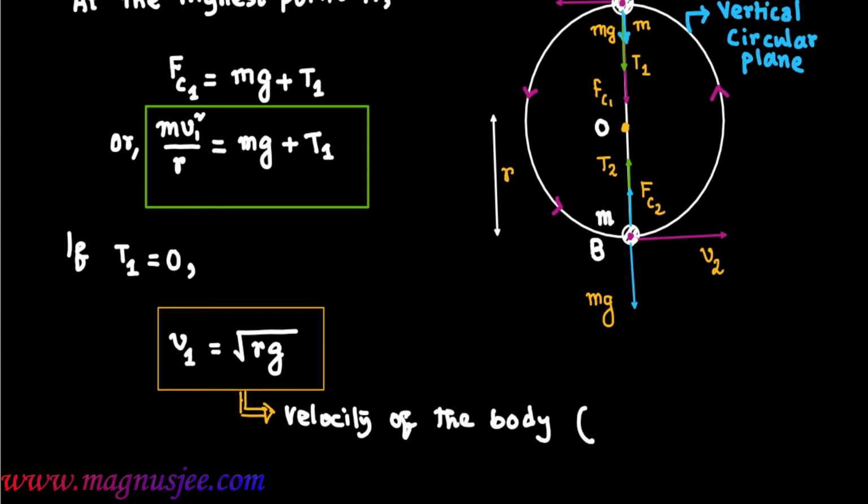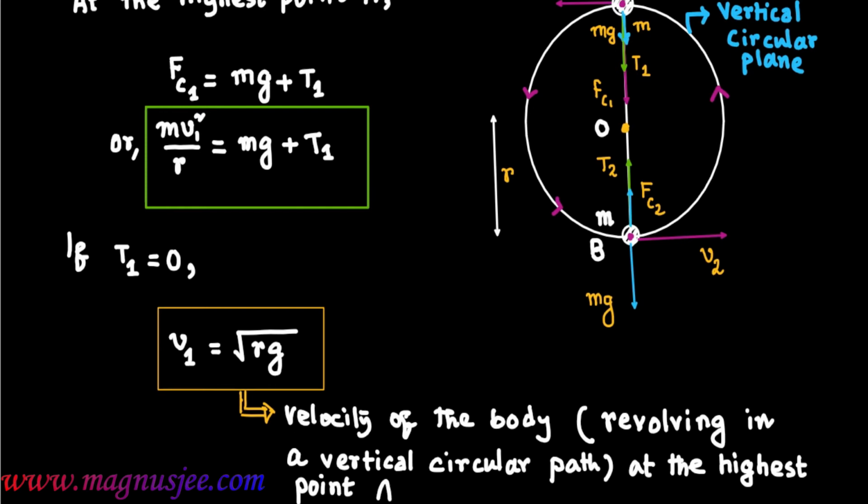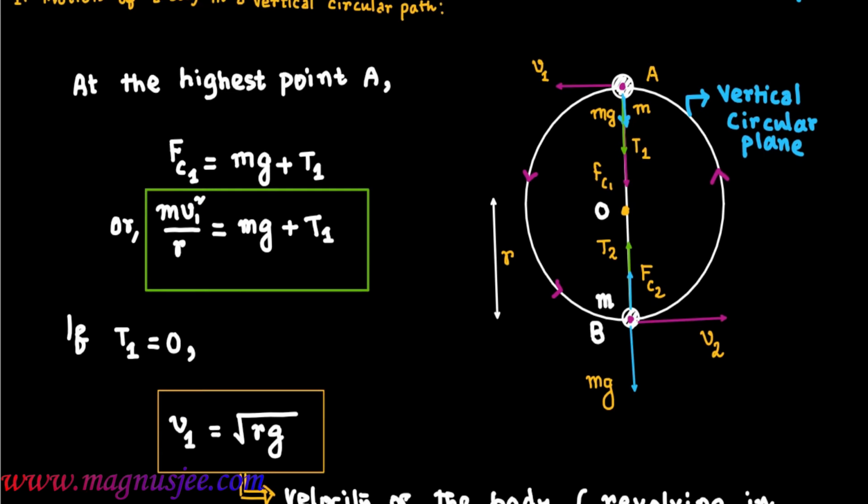This is the velocity of the body revolving in a vertical circular path at the highest point A, provided the tension in the string at the highest point is 0, that is minimum, T1 equal to 0.